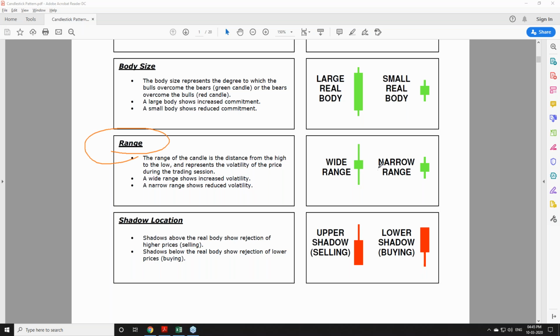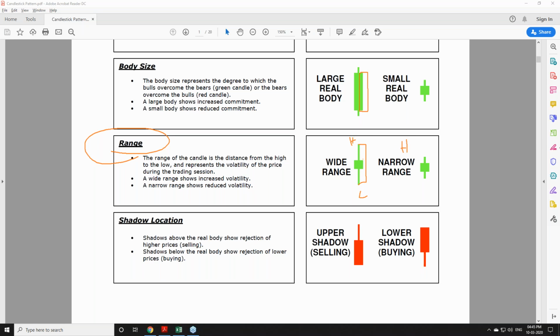Now the range of the candle. What we have studied so far is the height of the body. But here we are going to learn the range of the candle. The body is from here to here, but the range is calculated from the low to the high.